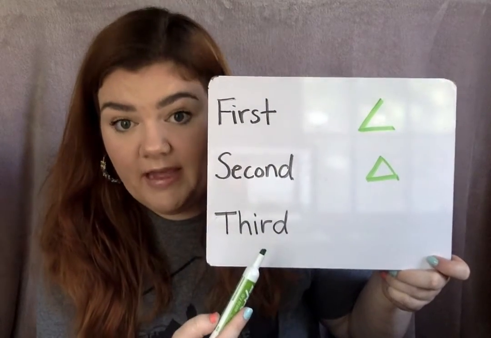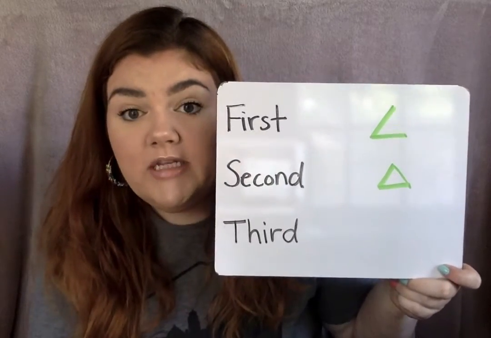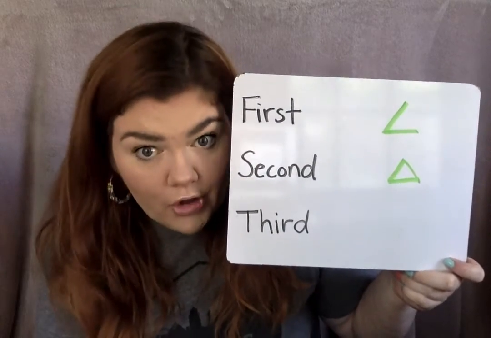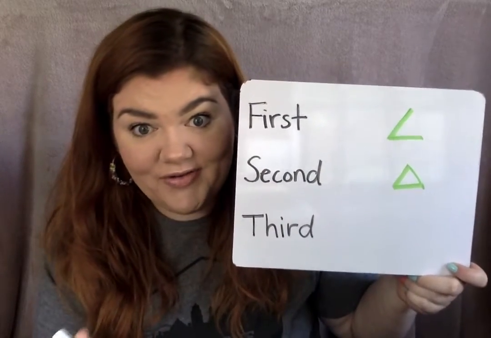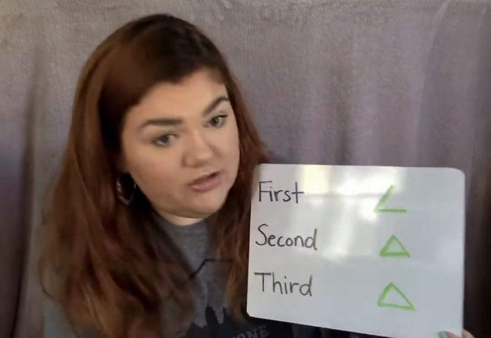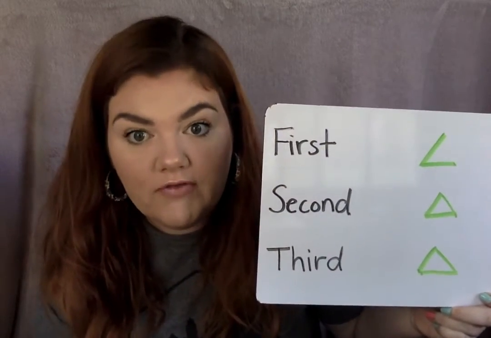The third thing I'm going to do is I'm going to draw my triangle, and I'm going to circle all of the corners of my triangle. Okay, so I'm going to get my different marker, and I'm going to circle all of the corners.